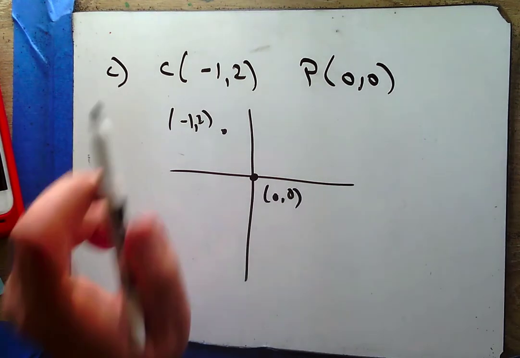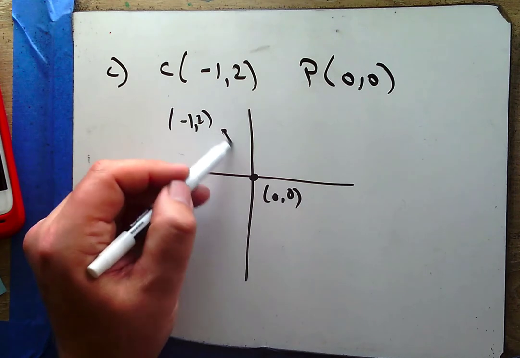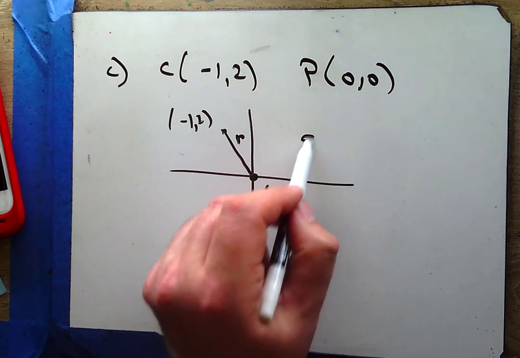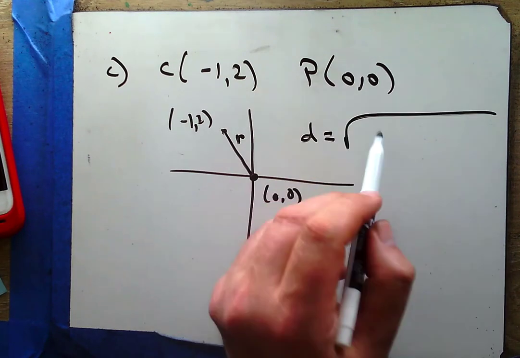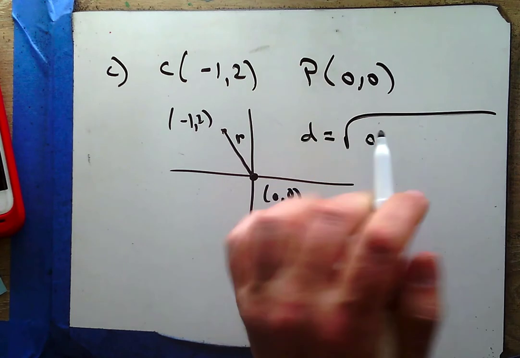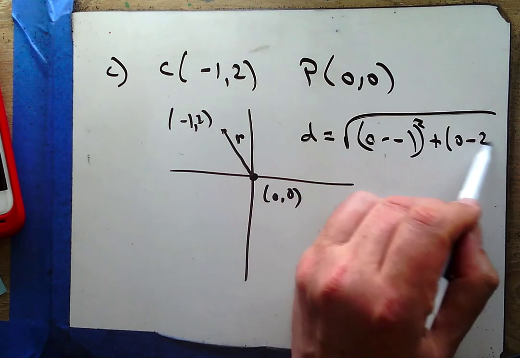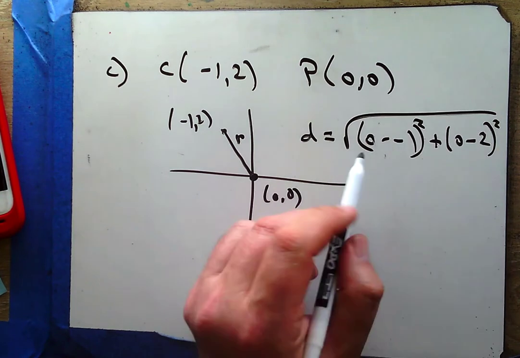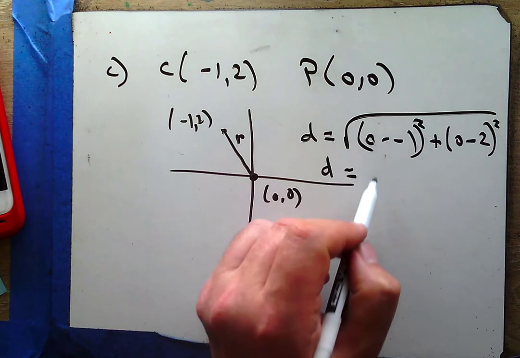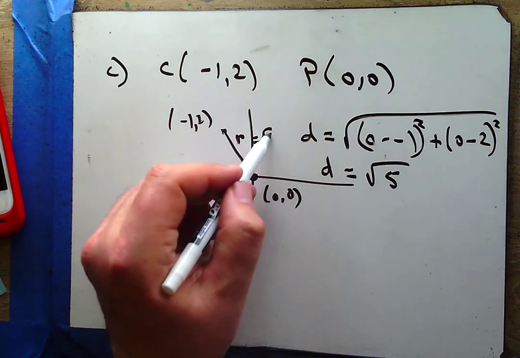Well, there's a couple of ways I would think about doing this. One way is to say that this distance is the radius. So if I bust out my distance formula and have 0 minus negative 1 squared plus 0 minus 2 squared, I can see that the distance is going to be the square root of 5. So the radius is square root of 5.